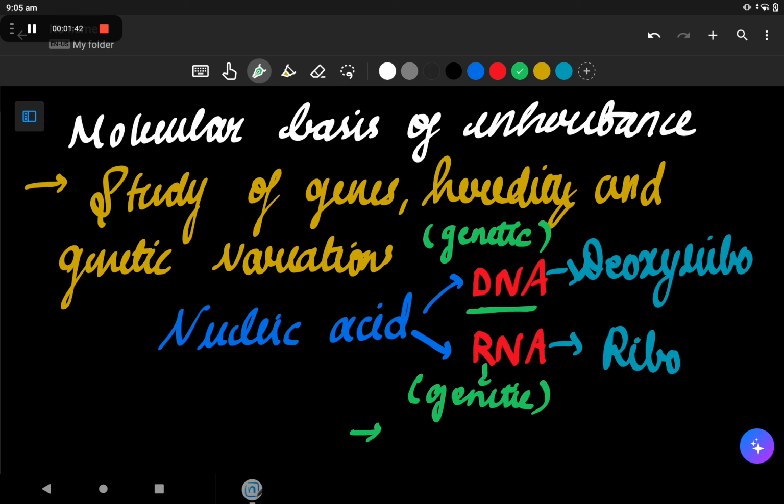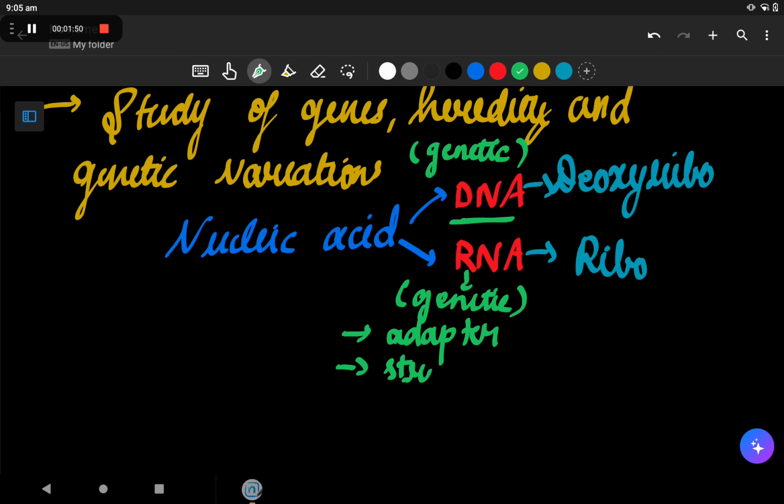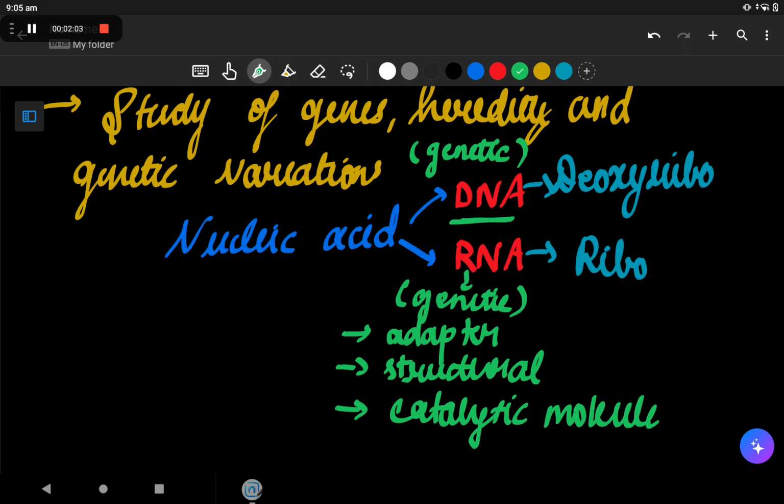It acts as a genetic material, it acts as an adapter, it acts as a structural, it acts like a catalytic molecule. These many features it has got.